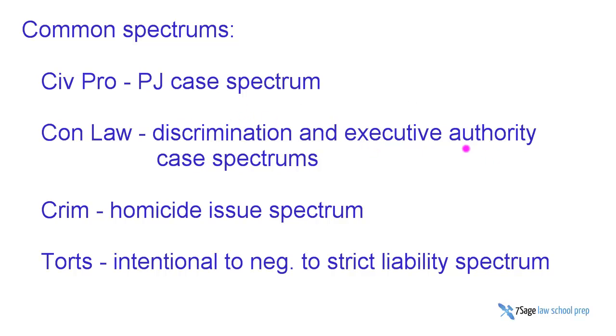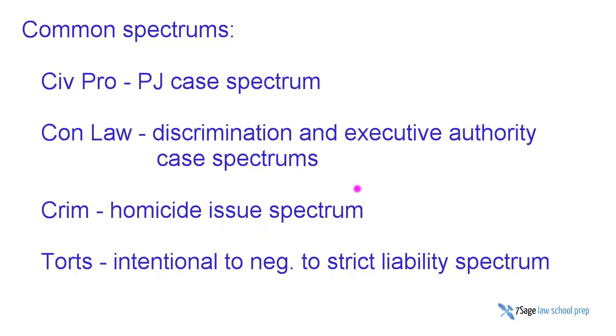There's a series of executive authority cases in the Youngstown Steel line that also lends itself to this analysis, where you've got high executive authority where it's clear that Congress hasn't taken the field in something, to very low where it's clear that Congress did not mean to delegate powers to the president.